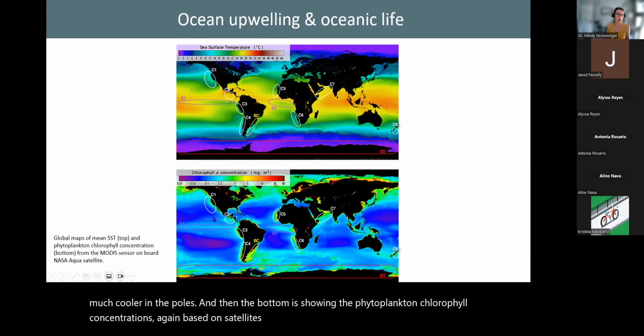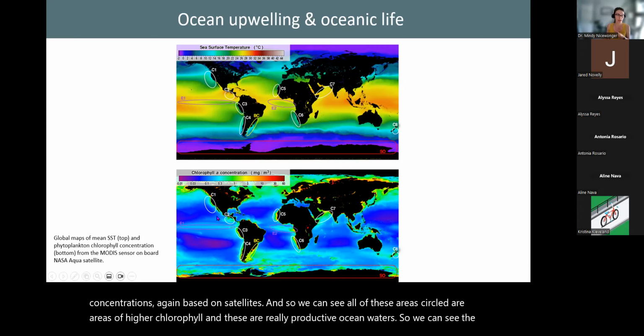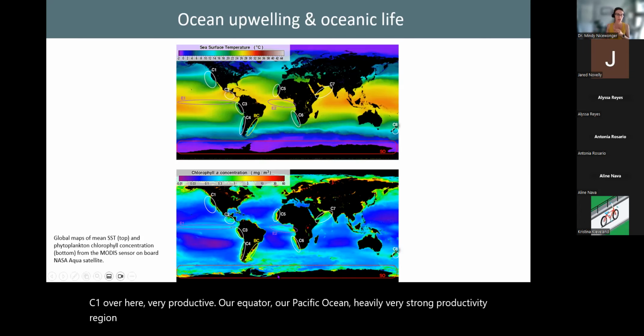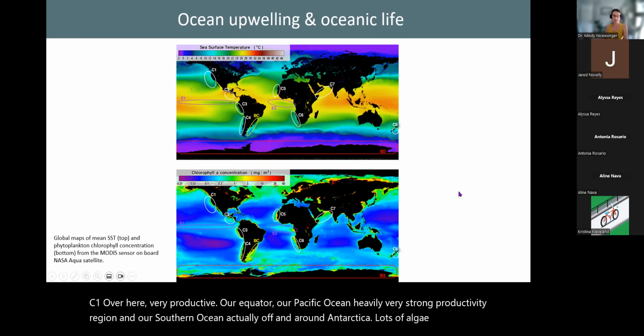We can see all of these areas circled are areas of higher chlorophyll, and these are really productive ocean waters. So we can see the coast of California, very productive. Our equator, our Pacific Ocean, a very strong productivity region, and our Southern Ocean, around Antarctica, lots of algae down there, a lot of phytoplankton.